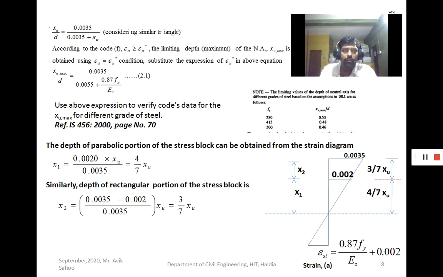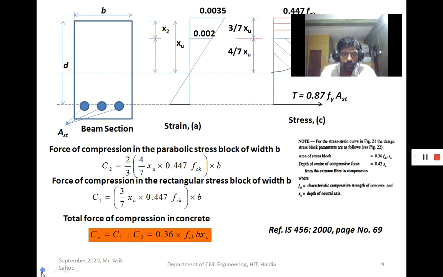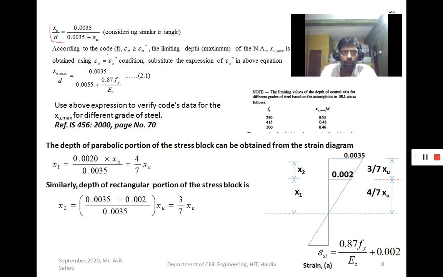Okay, so again this one we get from this strain diagram. According to the assumption F, epsilon st, the strain of steel, should be more than epsilon st star.